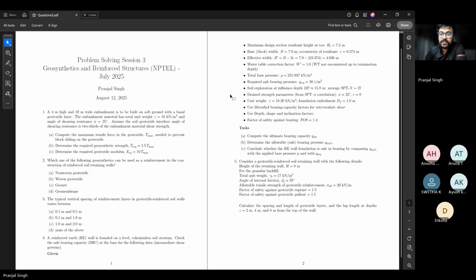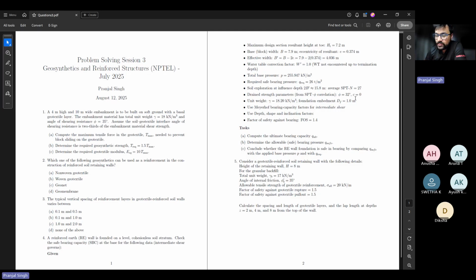So you have a lot of factors given. You need to see several codes. Just see the code for bearing capacity for shallow foundations. I think it's IS 6401 if I'm not wrong. Let me just check. Oh no, it's not. 6403.